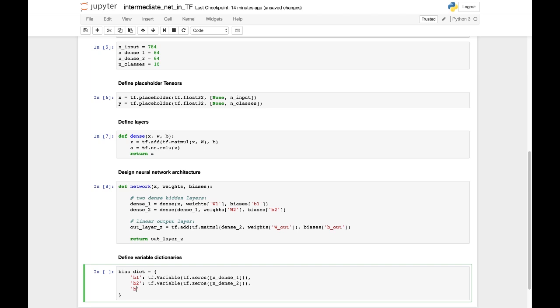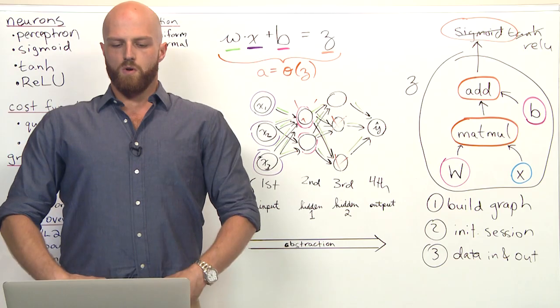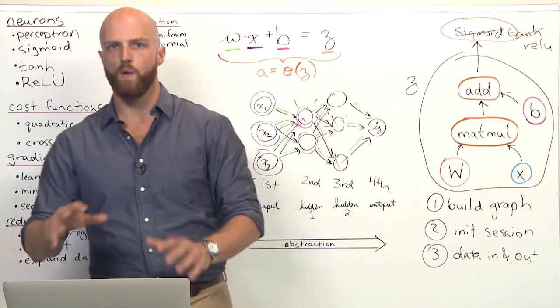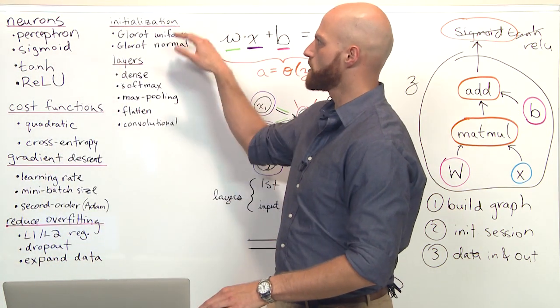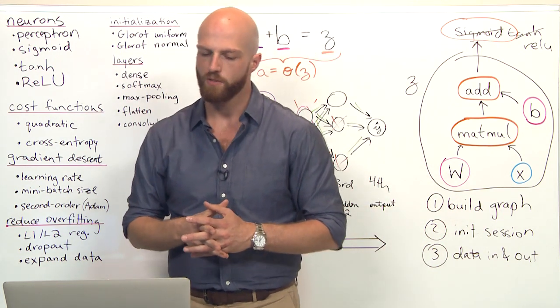And then for the biases in the output layer, it's the same kind of thing. We're just going to initialize with zeros, and the number of neurons in the output layer is equivalent to the number of classes, as it always has been through these notebooks. Now, we haven't talked about bias initialization on its own. We've talked a lot about weight initialization, and we talked about how we want to be using the Glorot initialization there.